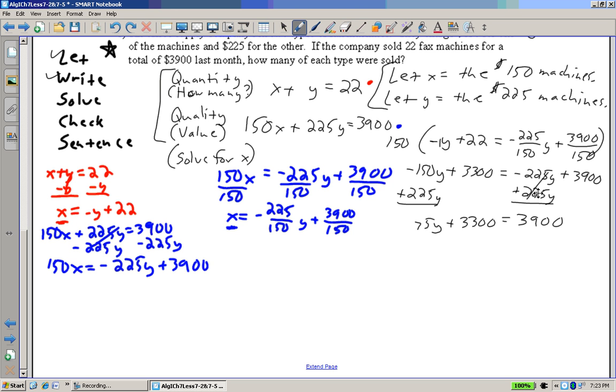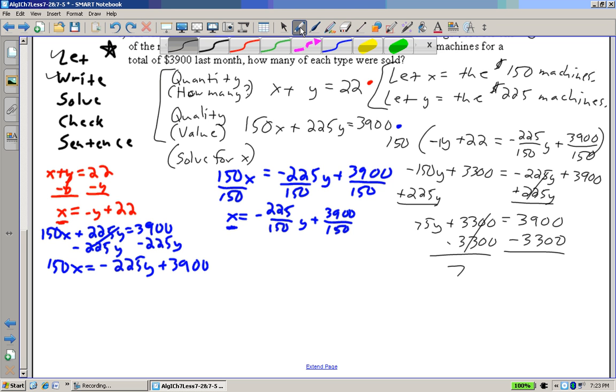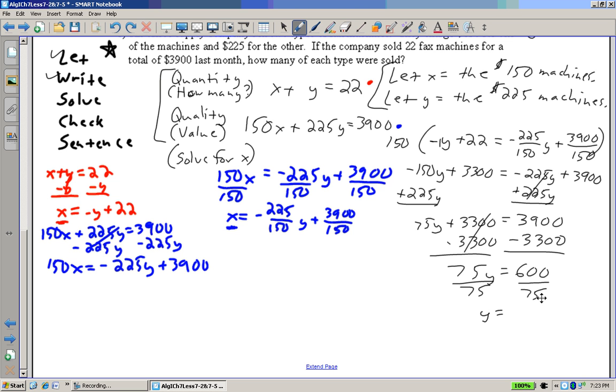First, excuse me, then get all your variables onto the same side, first addition or subtraction. Then multiply, divide. Let's see. So y equals 4.